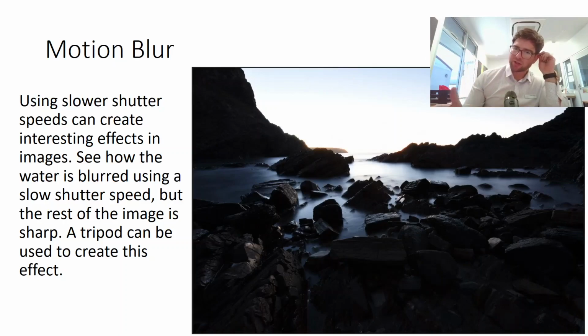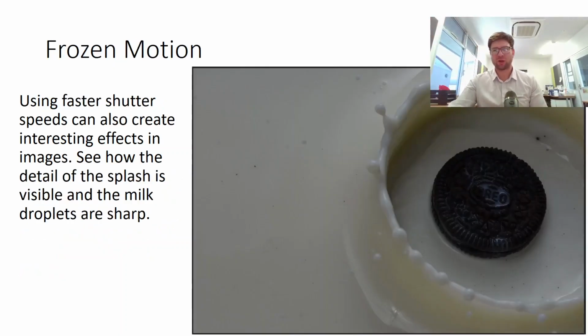Because a slow shutter speed has been used, say 10 seconds, in that time the water's come, gone, gone, and it creates that effect of burning in and creating a milky look. And when the camera sits on a tripod, the rocks don't move. So the rocks stay normal, but the water moves and it creates that effect. So that's when you can use motion blur.